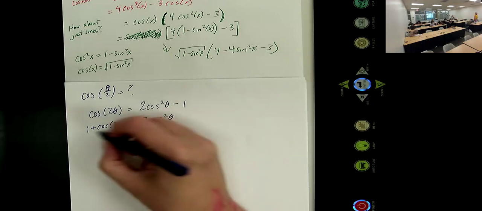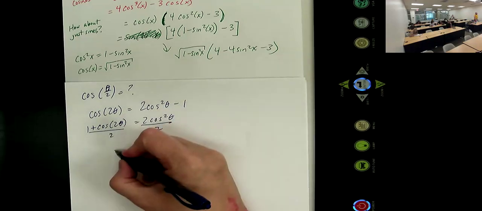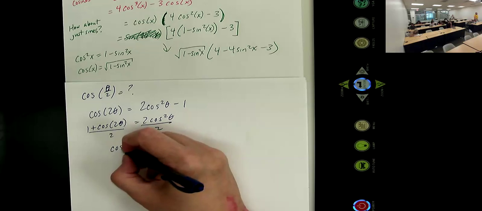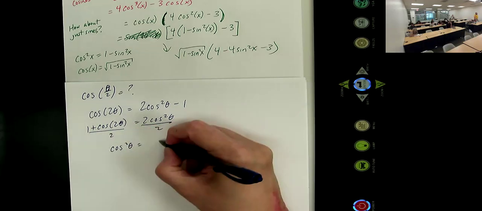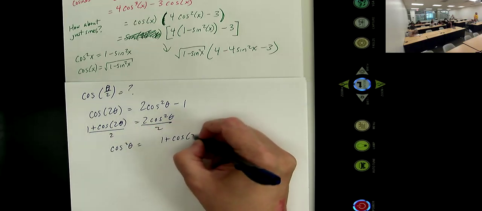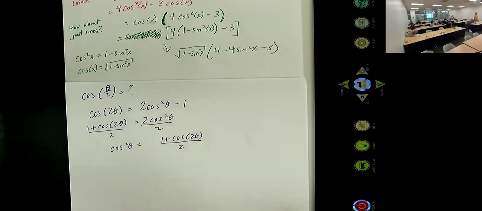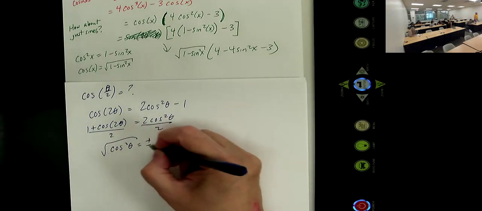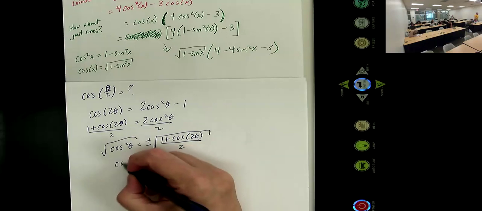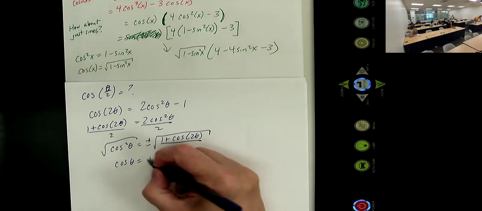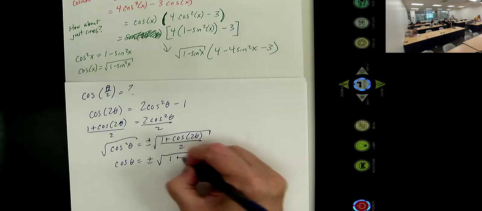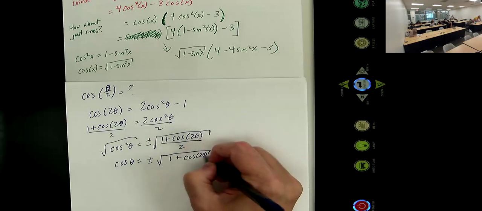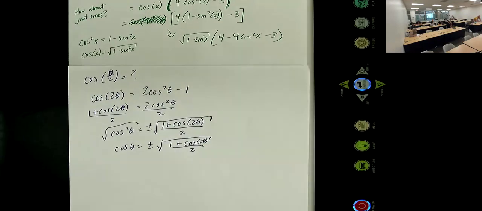I'll divide by 2. And I get cosine squared theta equals 1 plus cosine 2 theta over 2. We will take the square root. So cosine theta equals plus or minus the square root of 1 plus cosine 2 theta over 2.